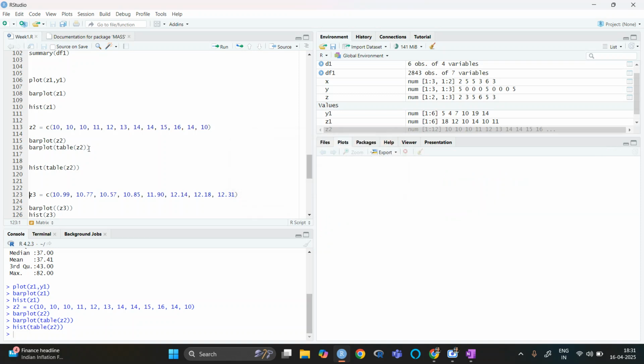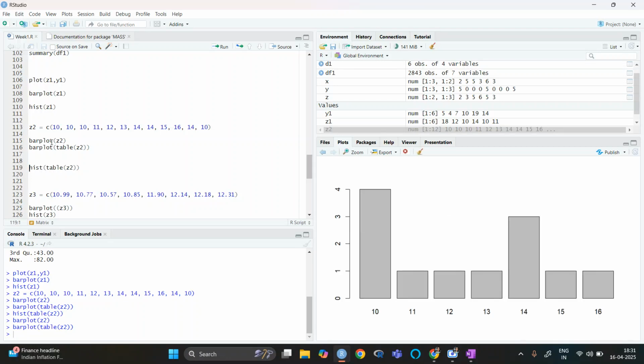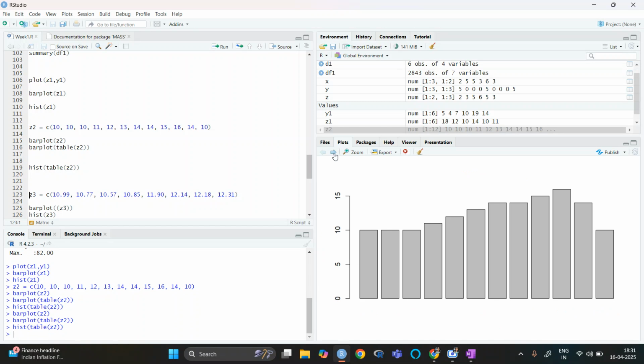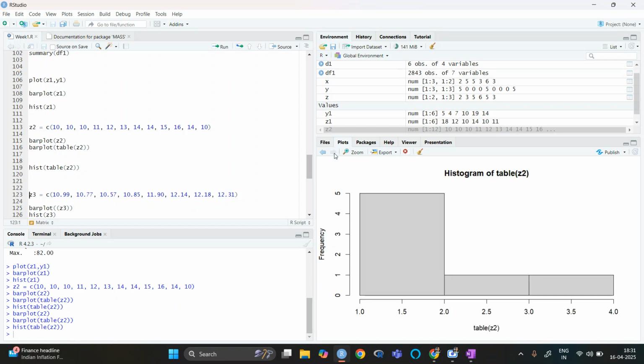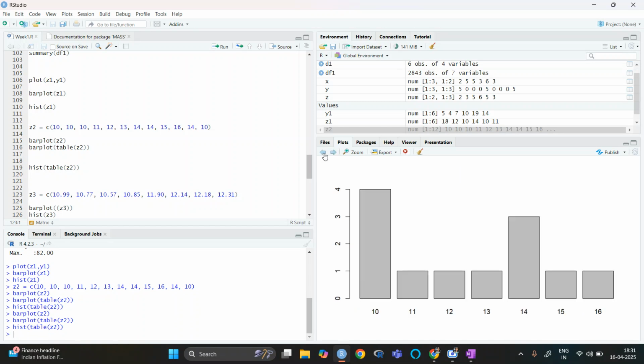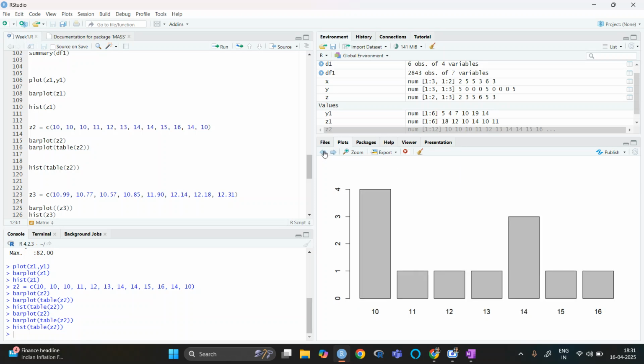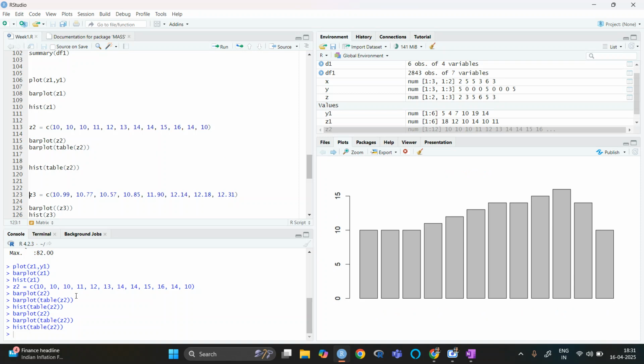Let me remove everything and then we make this. There is one histogram, and then there is a bar plot of table Z2, and there is Z2.